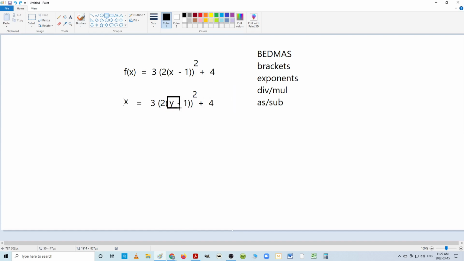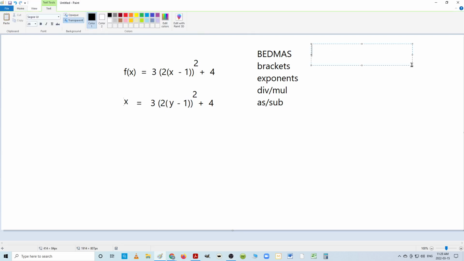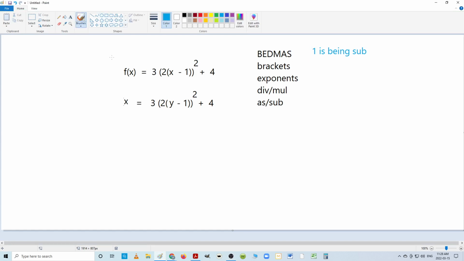But if I can see a bracket here, that's the first thing I'd have to focus on, the bracket. So what's happening in the bracket? 1 is being subtracted. And then if I go outside the bracket, I can see that we're still inside this bracket here. This 2 comes inside the bracket before the exponent.